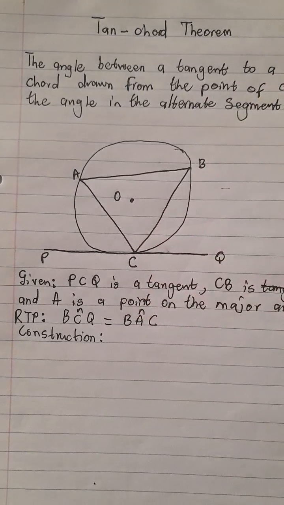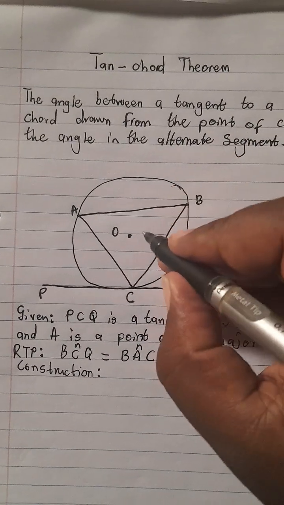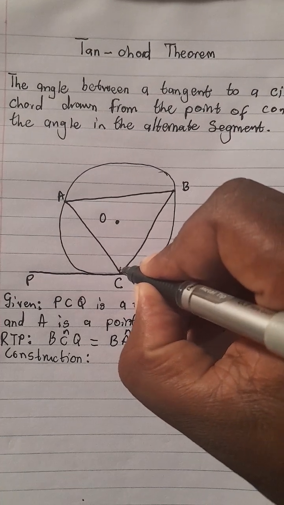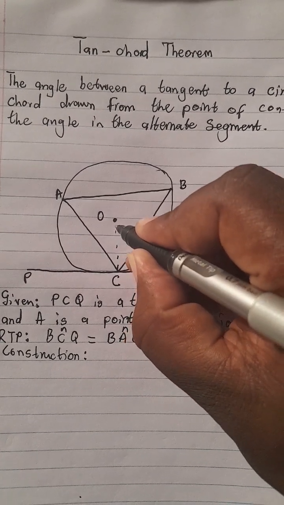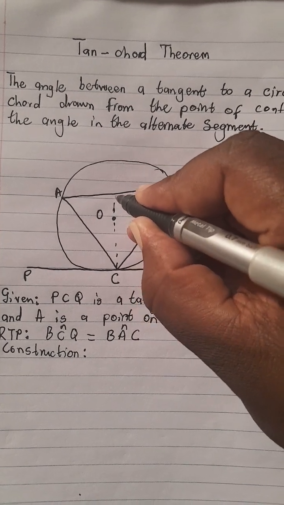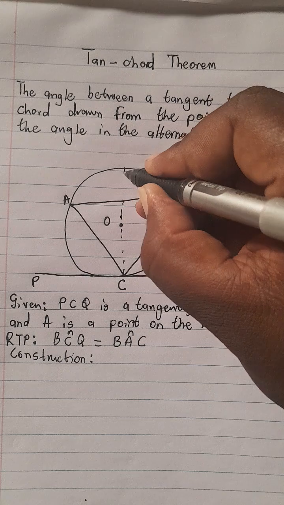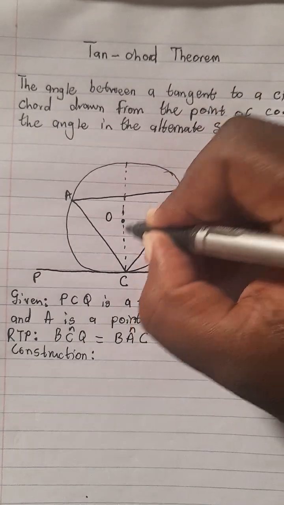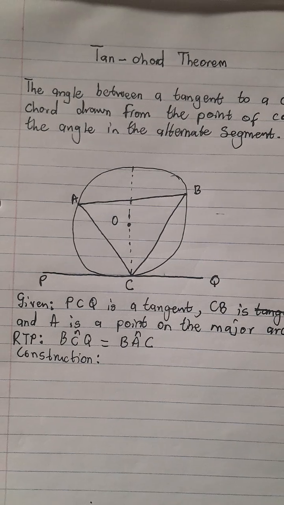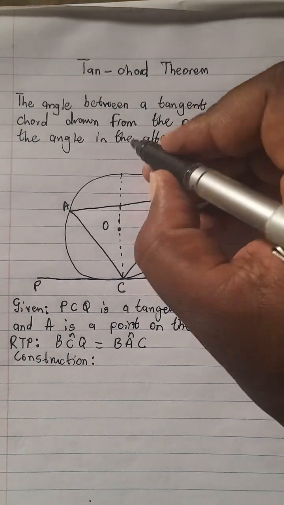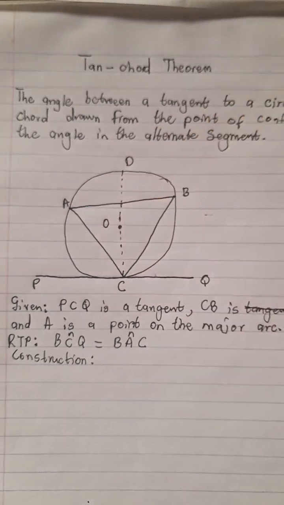I'll use a dotted line as I'm constructing a diameter. Remember, a diameter cuts the circle into two equal parts. Let's name this CD.